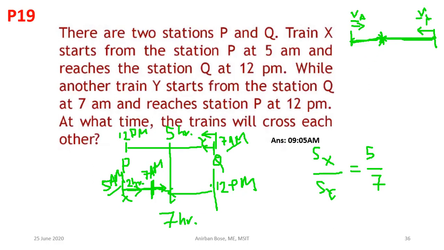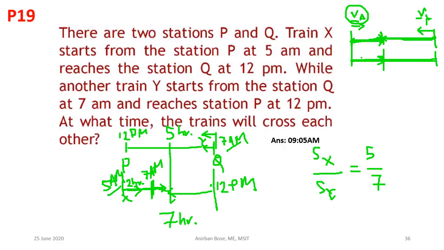Now the total time required is proportional to the distance traveled. If the distance is more, time is more. Since the speed is constant, the time of meeting will follow exactly this distance ratio.